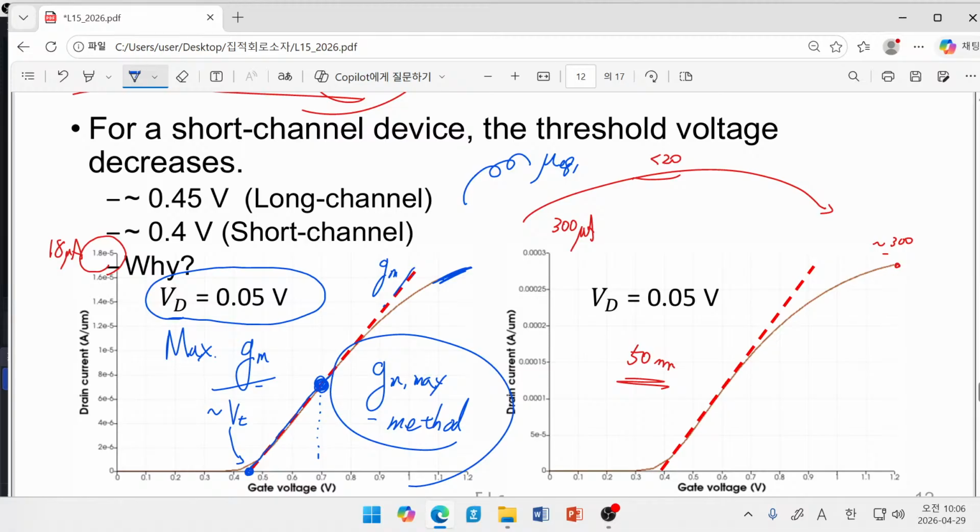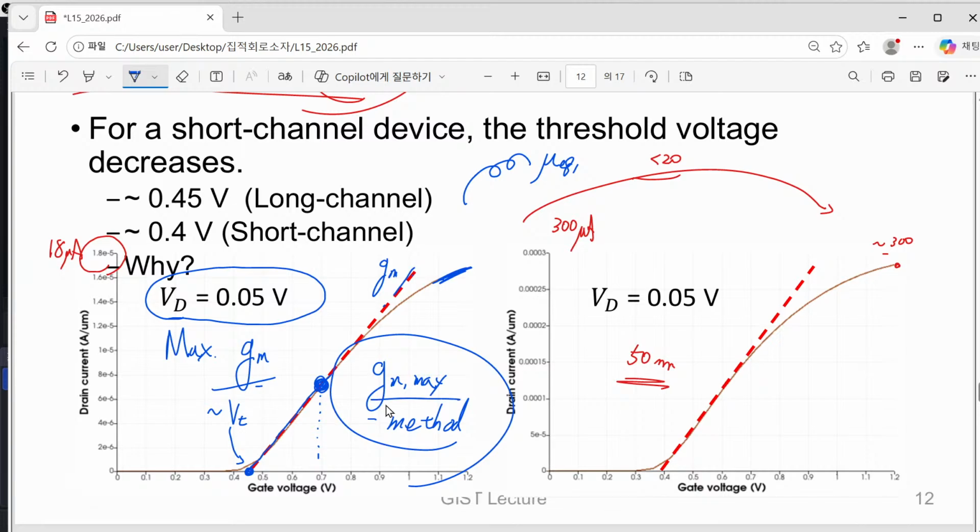How can you measure your 2 times phi_B? And who knows, there are so many different effects inside your real device. So therefore, we need a certain way to extract it from the measurement data. And from the measurement data, this is one way to estimate threshold voltage.